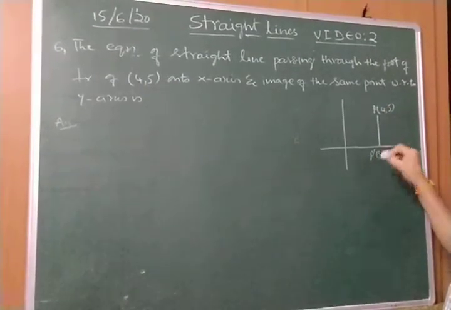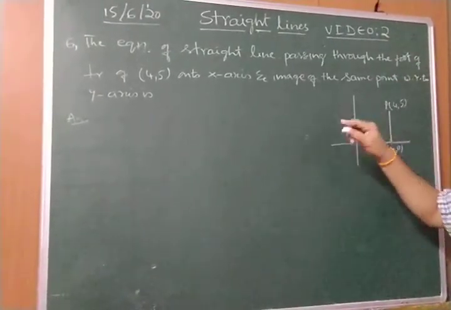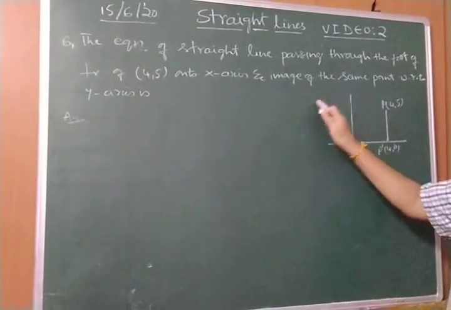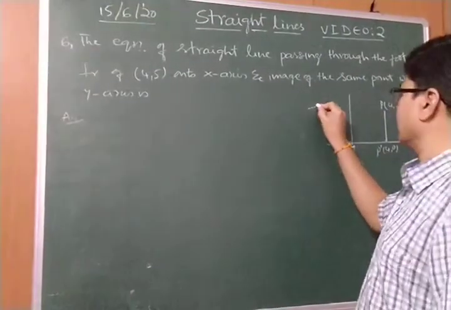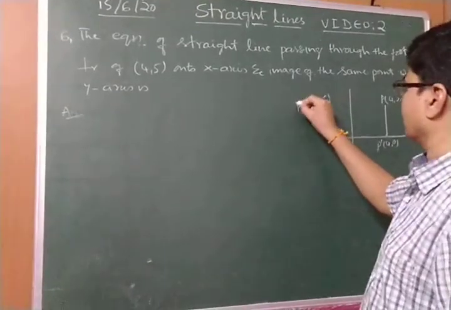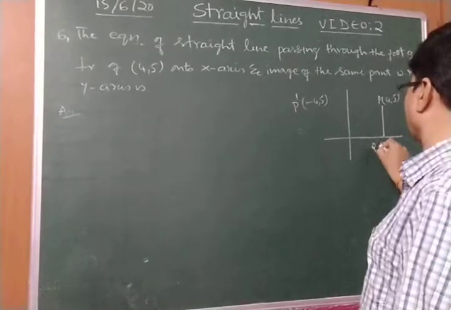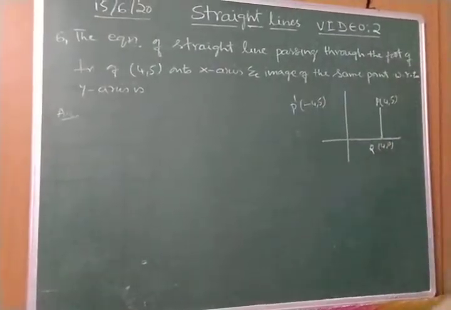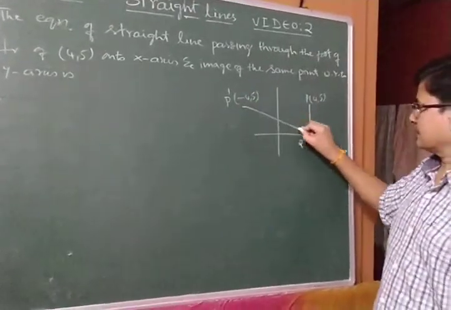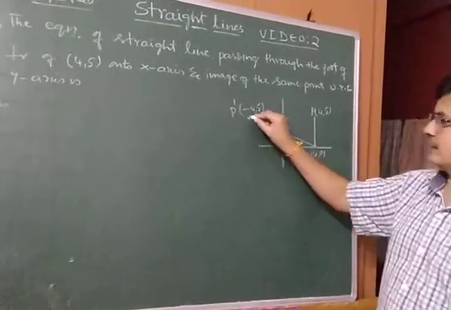This is P dash, and the image of the same point with respect to the y-axis. The image of (4, 5) with respect to the y-axis is (minus 4, 5). This is Q. The line passing through the foot of the perpendicular and the image point is the required line.